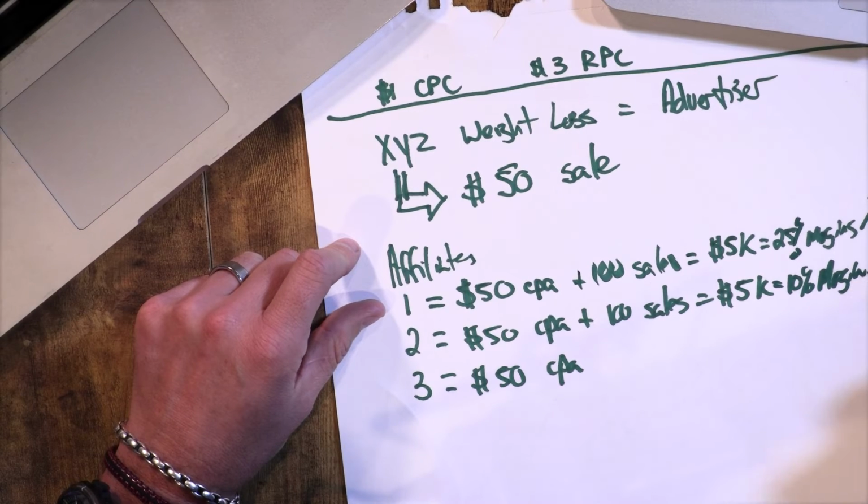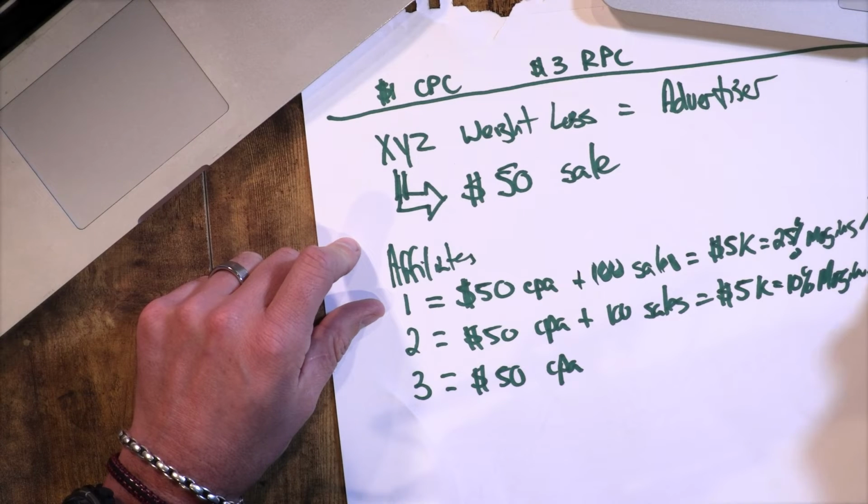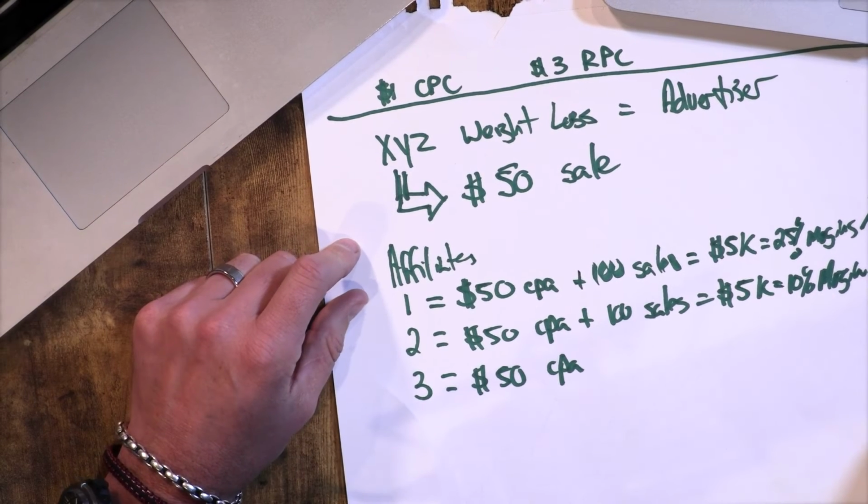Let's say that this guy would work on 10% margin. So here, this guy's gonna profit $500. This guy is gonna have an allowable of $4,500.